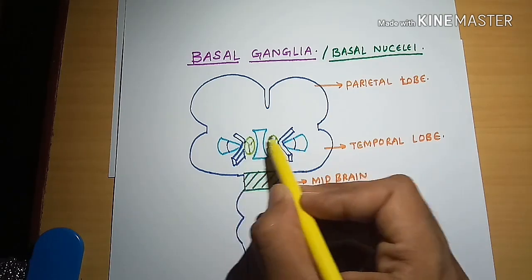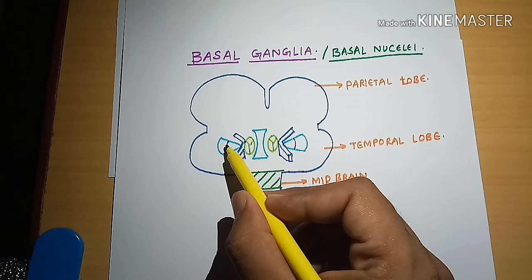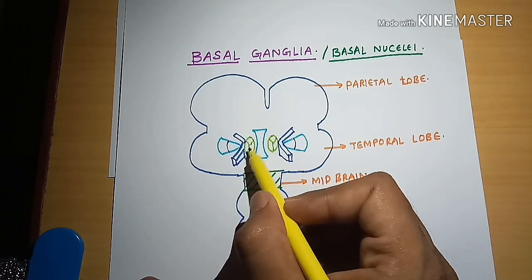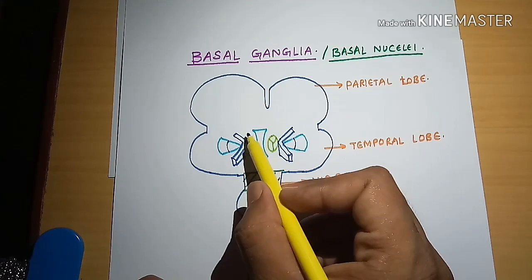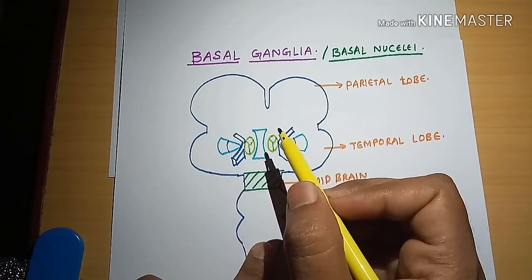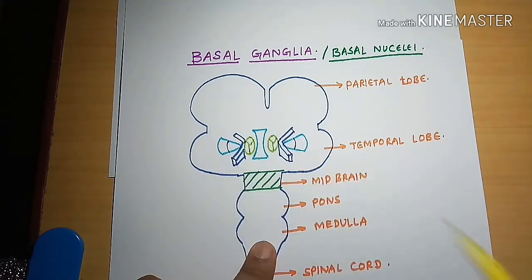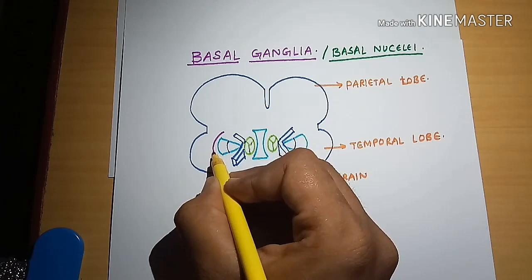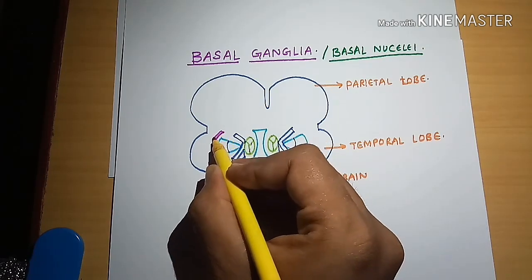It is called internal because there must be an external capsule also. The external capsule is present more lateral to the lentiform nucleus.